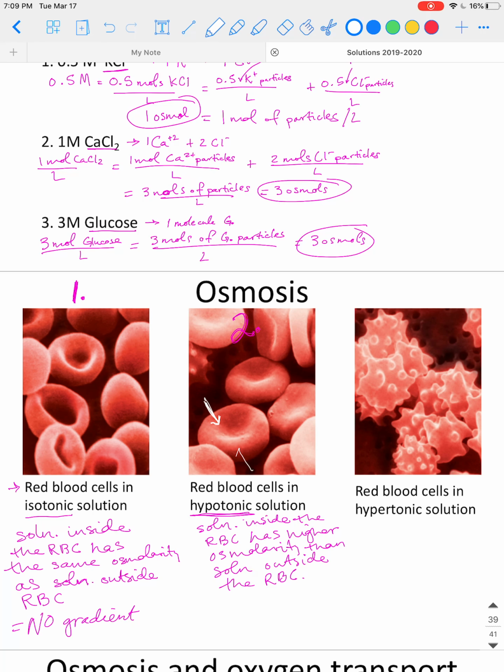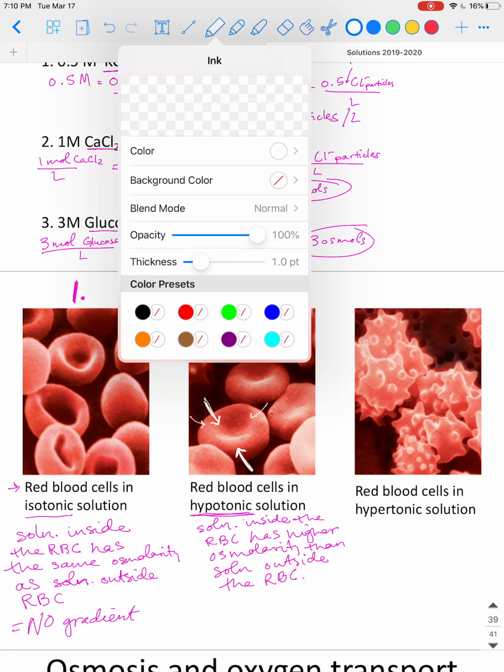Because there's a gradient and the higher concentration, the higher osmolarity, is inside the red blood cells, the solvent particles are going to move from outside the red blood cells to inside the red blood cells. So all the solution surrounding these red blood cells is going to rush in, and that's what causes the red blood cells to swell up.